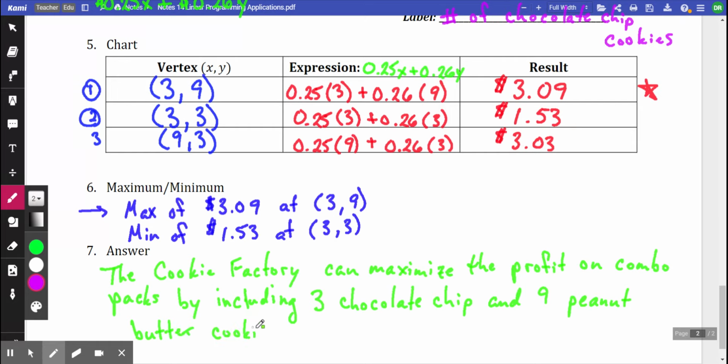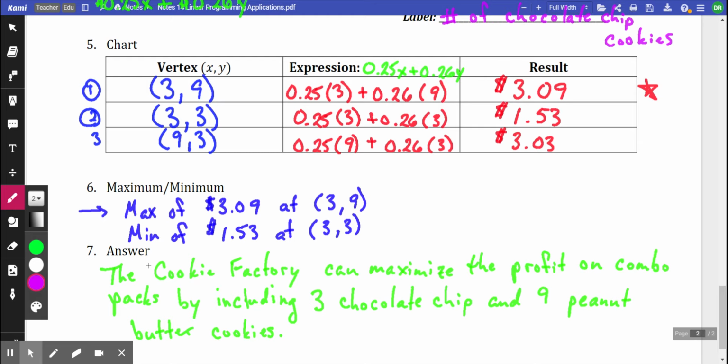And that is not the only way you could write all of this by any means. There could have been a more efficient way to go about that, but it does state all the information that we needed, and that's what we needed to include. We needed to include the idea of maximizing the profit and how many cookies that would take.